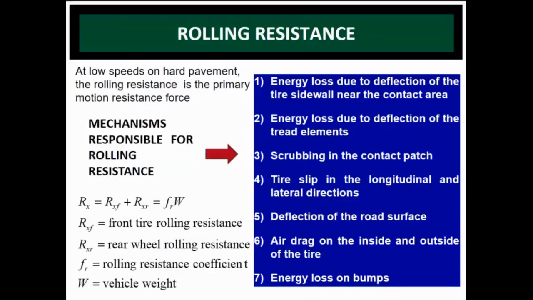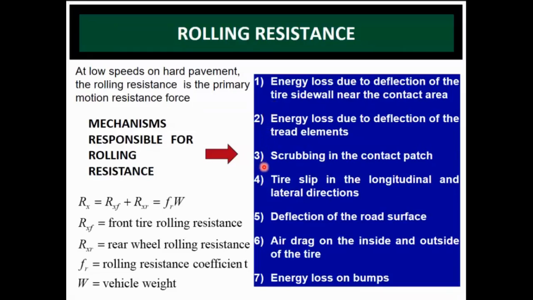And then the mechanism of rolling resistance we can categorize as seven factors. First is energy loss due to the deflection of the tire sidewall near the contact area. Secondly, energy loss due to deflection of the tread elements.